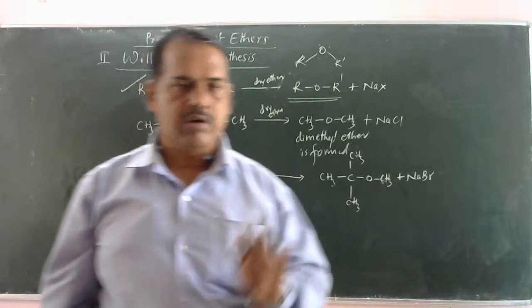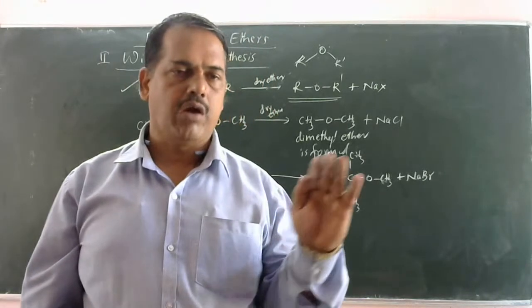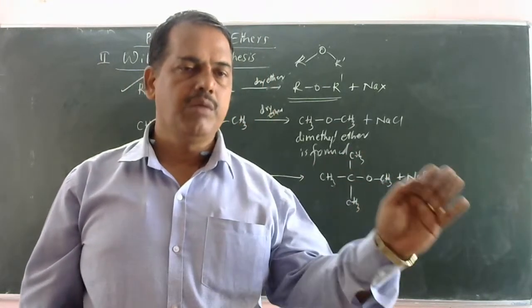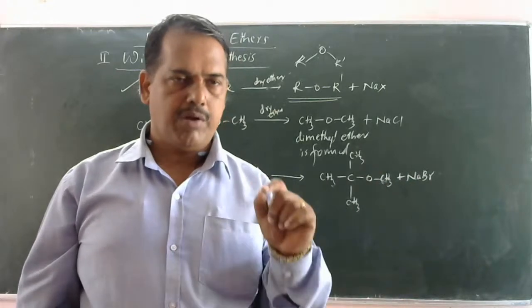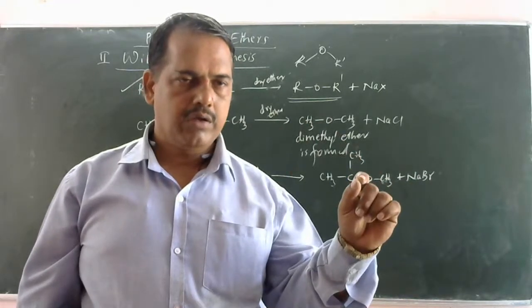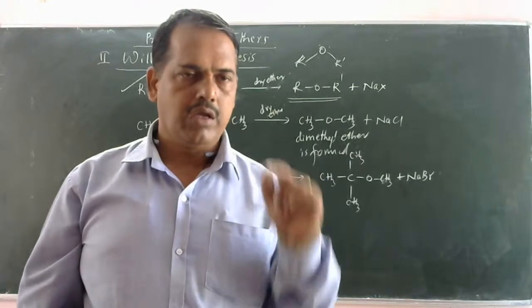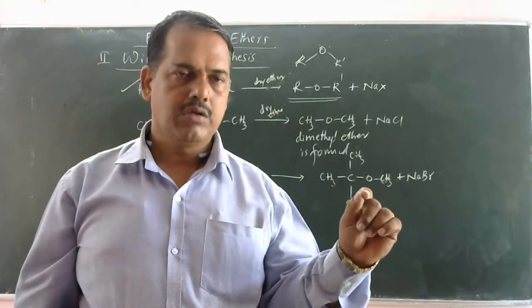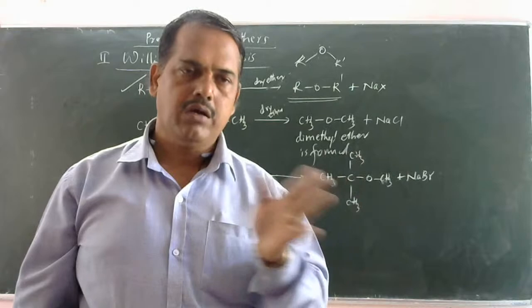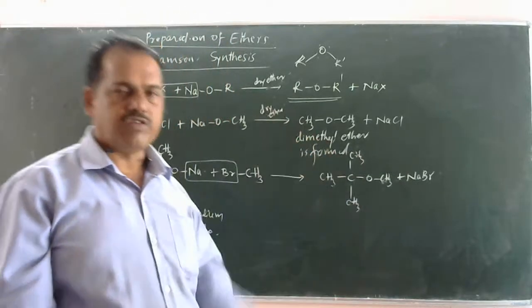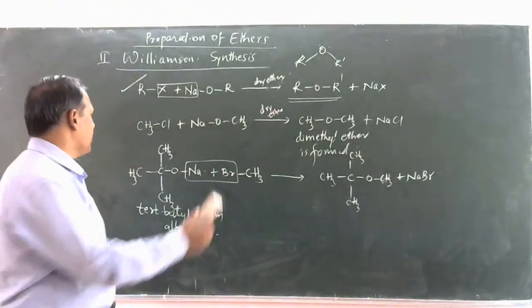That is the basic thing which you have to remember about the physical properties: boiling point and solubility. Ethers are miscible with water, like alcohol. Okay, we shall study the chemical properties.